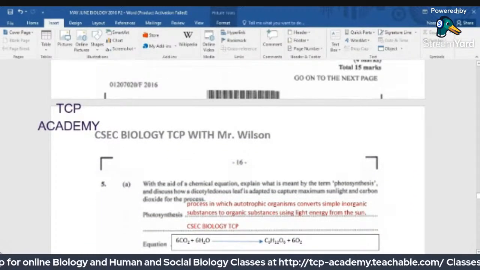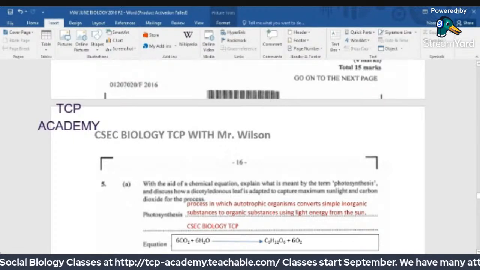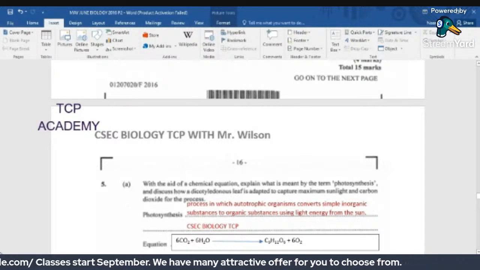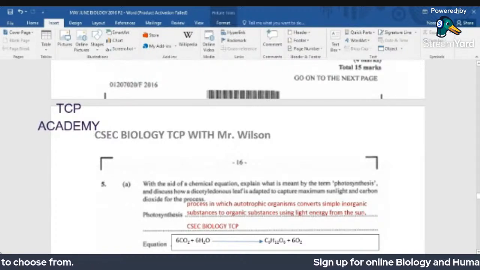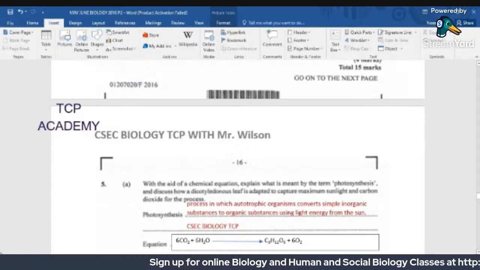With the aid of a chemical equation, explain what is meant by the term photosynthesis and discuss how a dicotyledonous leaf is adapted to capture maximum sunlight and carbon dioxide for the process. Now, this is like straight textbook, and I really didn't expect the question to come as it is here.